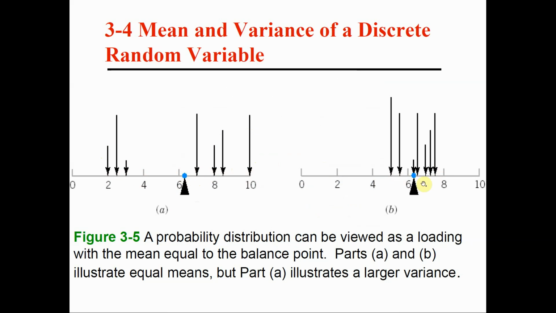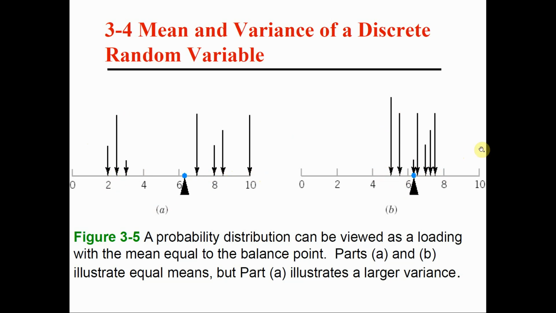Here we have another random variable that has different values. Obviously, this variable is not the same as this variable. Here we have 2 and maybe 2.5 and maybe 2.7 and maybe 6.7 here and 8 and 8.7 and 10. This variable has different values like 5 and maybe 5.5 and so on. So the values of the variable x are different and the probabilities are also different.